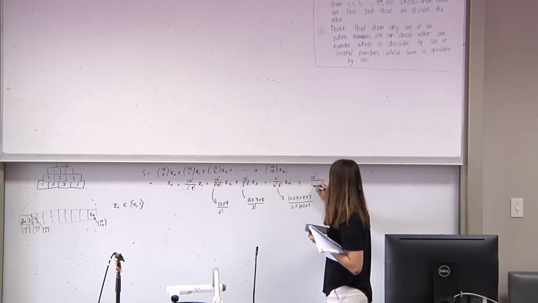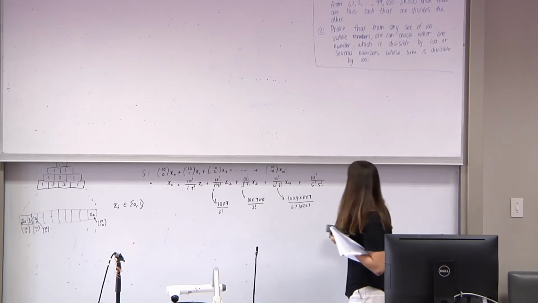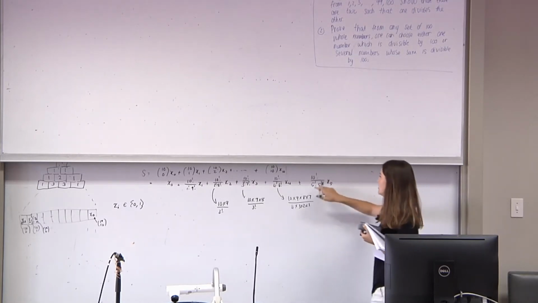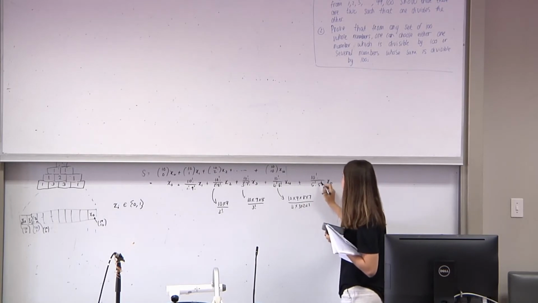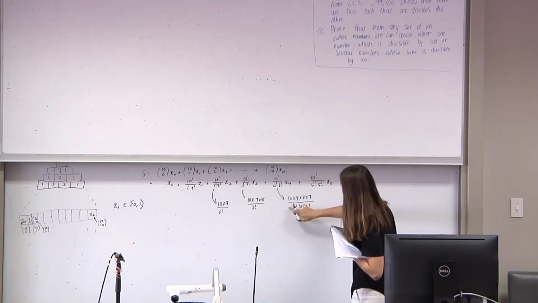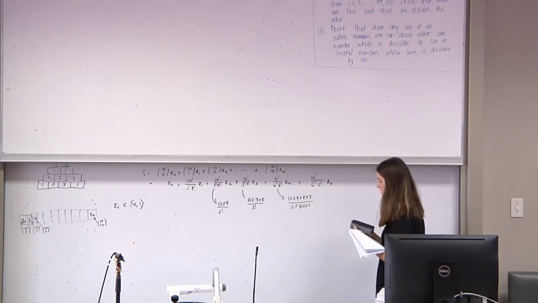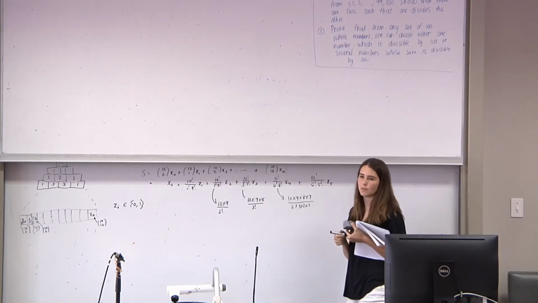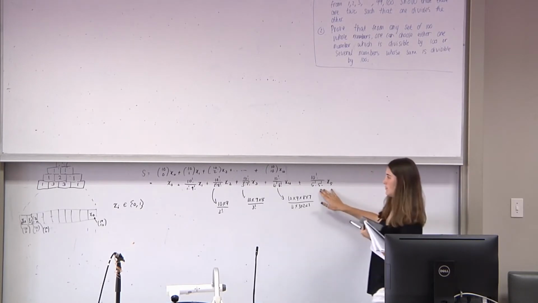And the last one is 5 factorial, 5 factorial. There will still just be 5 factorial at the bottom and 10, 9, 8, 7, 6 at the top. There will still be more 3s at the top than the bottom, meaning this is still divisible by 3.